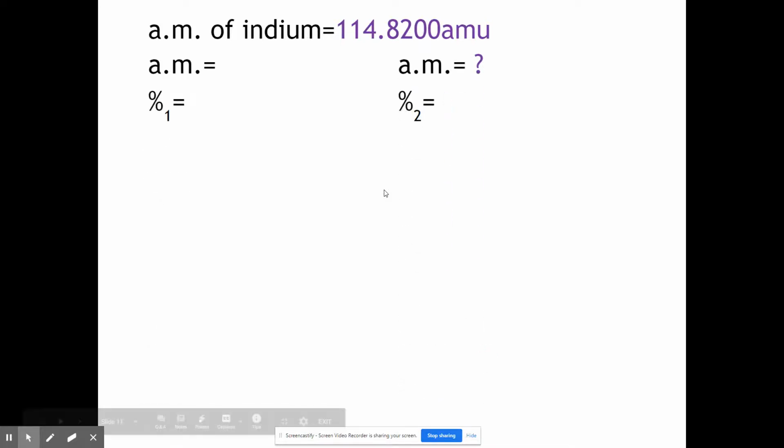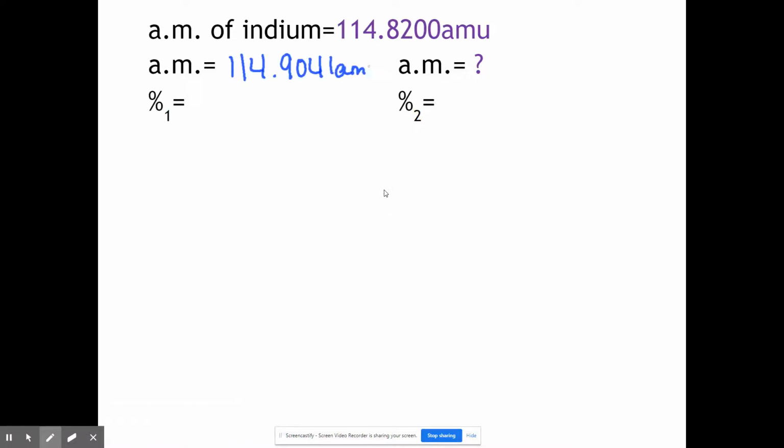So first thing I'm going to write at the top is the atomic mass of indium is 114.82. Then I'm going to write down our information that we were given. Our first atomic mass that we know is 114.9041, and our percentage for that was 95.795.